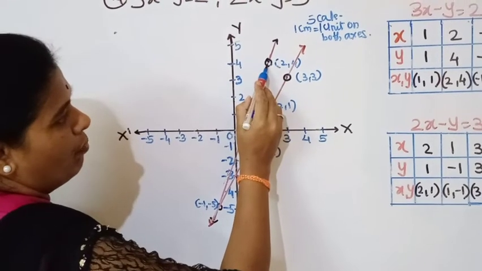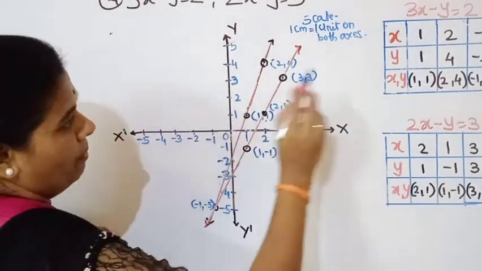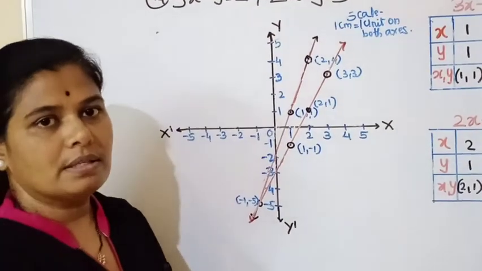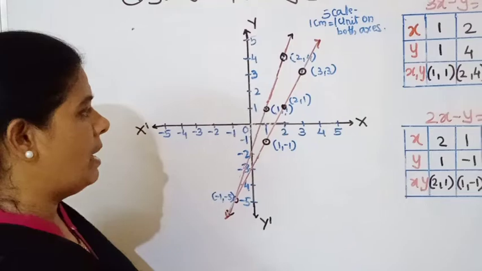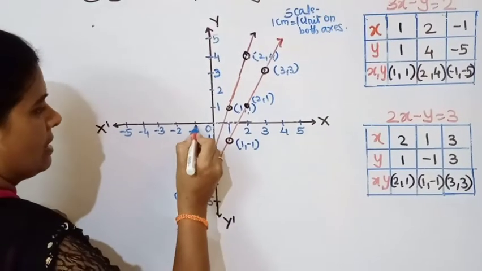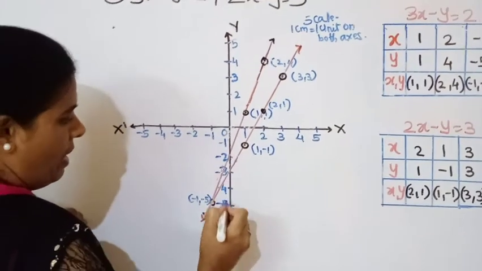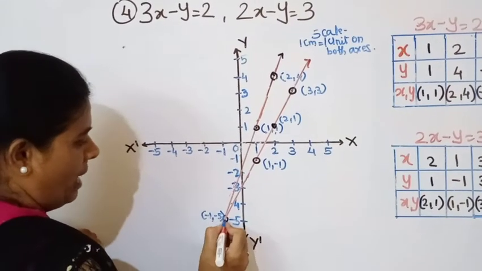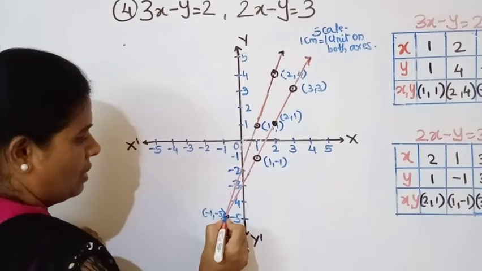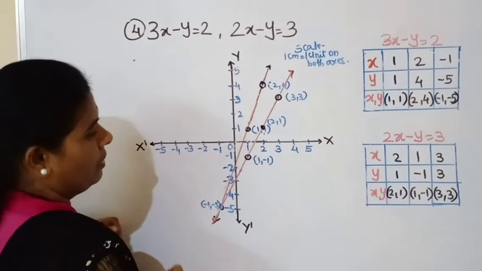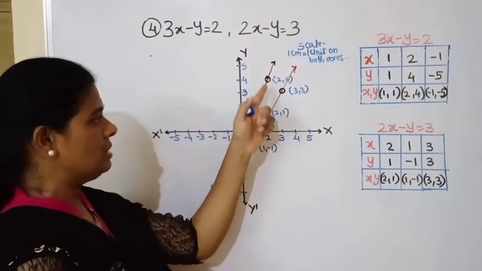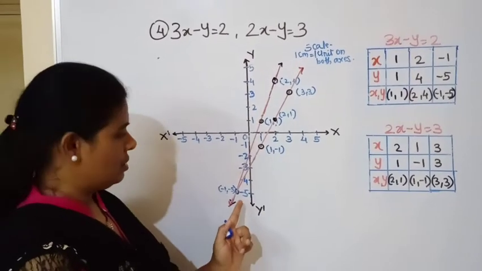So I have plotted this point 2, comma 4. Our next point is minus 1 and minus 5. x-axis minus 1 and y-axis minus 5. So I have plotted this point minus 1, comma minus 5. I have joined these 3 points and drawn a straight line.